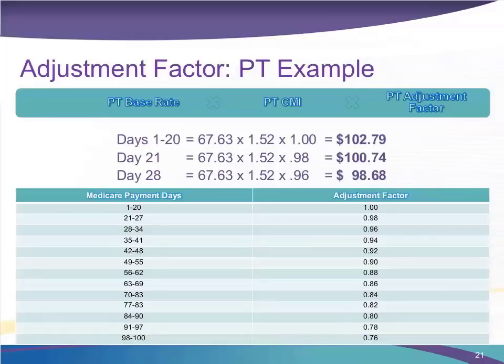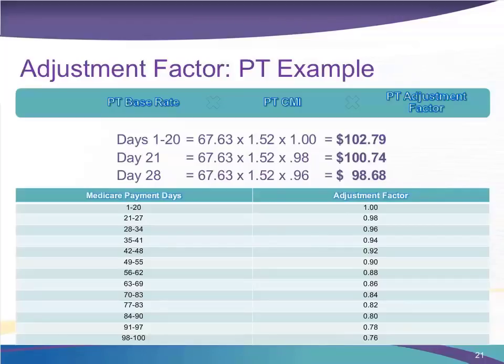So that rate that we just talked about is going to be every day. PT and OT specifically, CMS is giving us an adjustment factor, and the chart on the adjustment factor is below. So what they're saying is we're going to pay you 100% of that daily rate times CMI for 20 days.